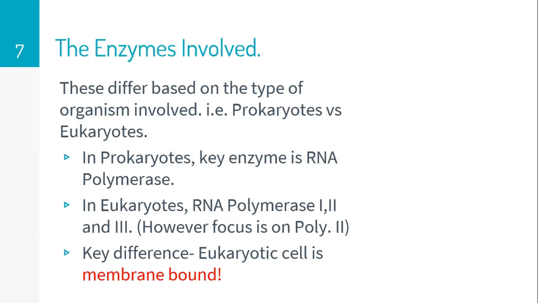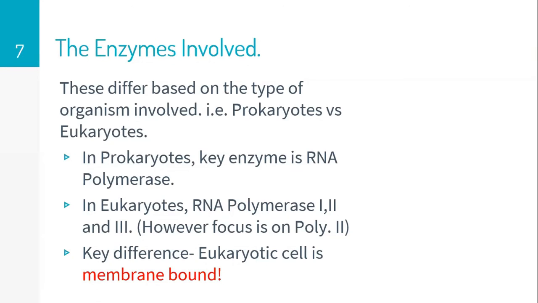In terms of eukaryotes, you do have 3 types of RNA polymerase that are used. However, the focus is actually on RNA polymerase 2. RNA polymerase 1 is normally used for the synthesis of rRNA. If we remember, ribosomal RNA is used to make ribosomes.